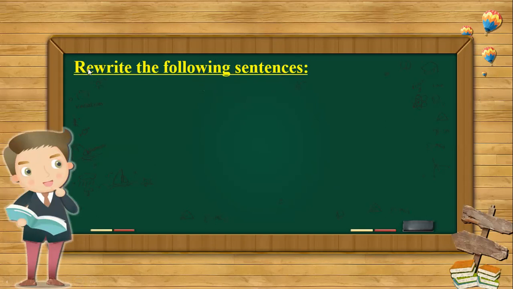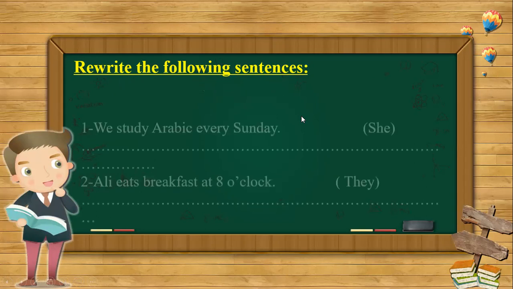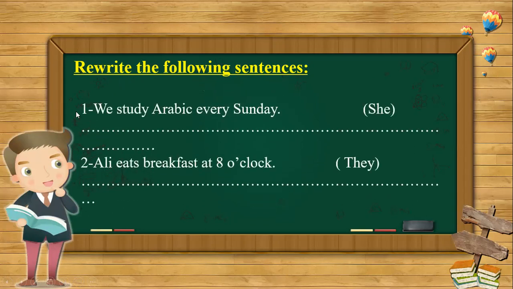Now we have to come to answering the question part. Rewrite the following sentences. Number one, we study Arabic every Sunday. We, group number one, like we said before, takes the verb stem, so it will be study. It's a correct sentence.